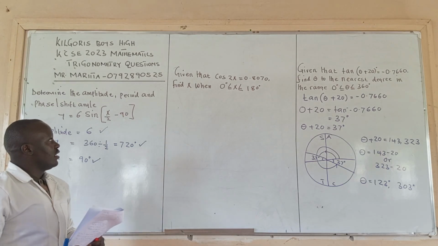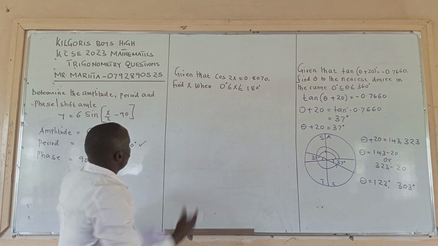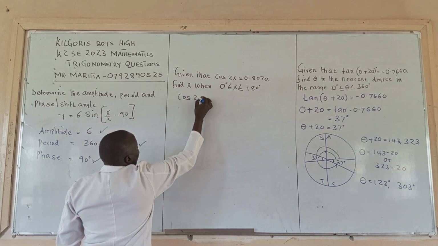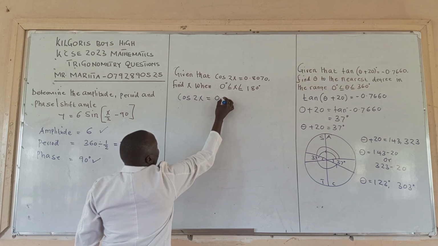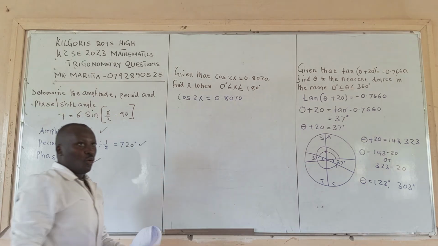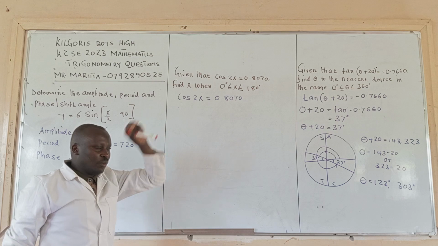Now you can look at it that we have cos 2x, which is equivalent to 0.8070. So what are you supposed to do here? You find the cos inverse on both sides.